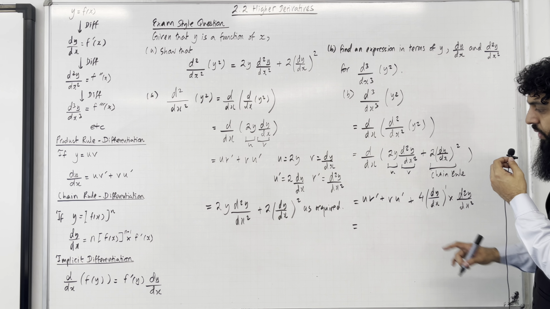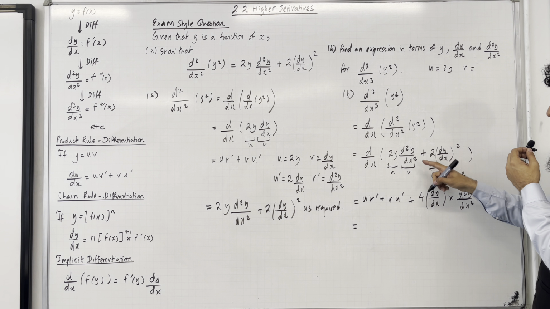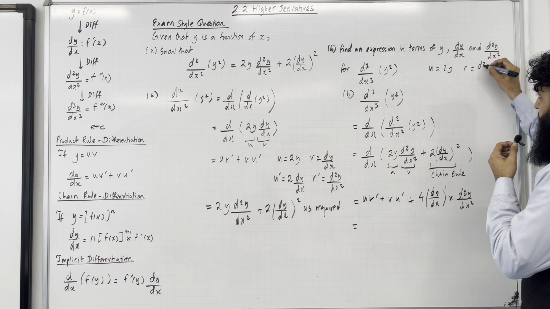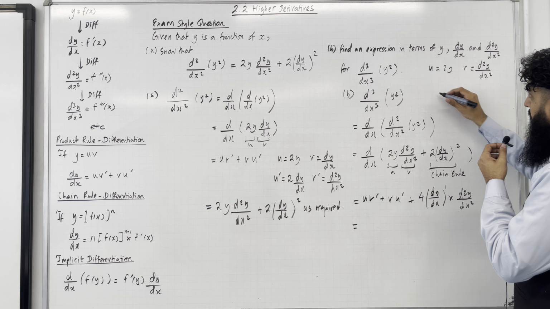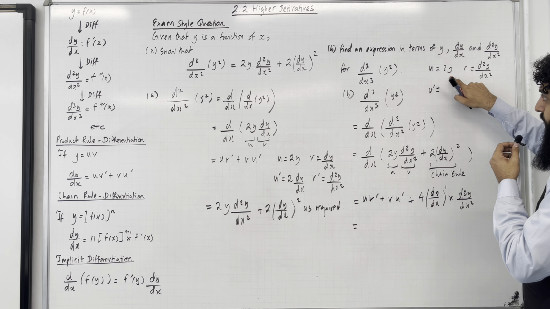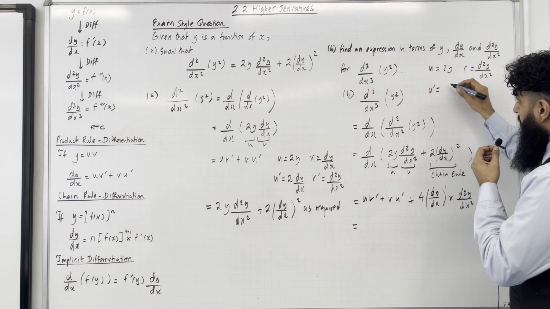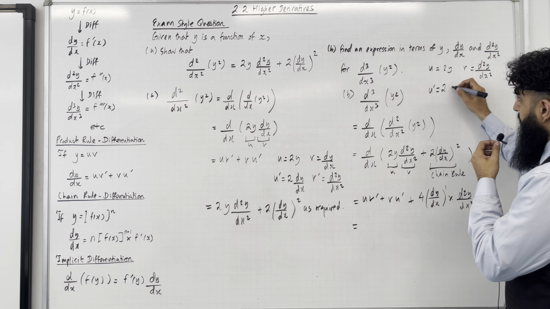So in this scenario, my u is now 2y and my v is now d2y over dx squared. So the u dash will be, differentiate the 2y as normal, you get 2, but then you have to stick in dy over dx.